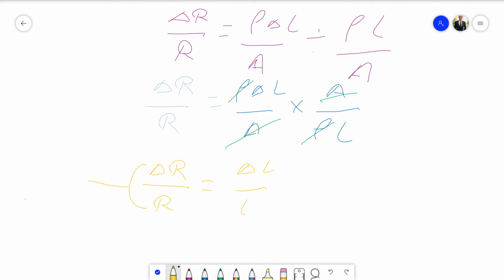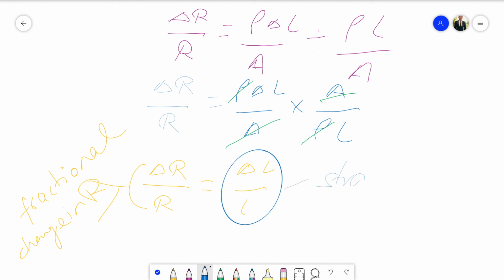So the fractional change in resistance is equal to the strain of the wire.